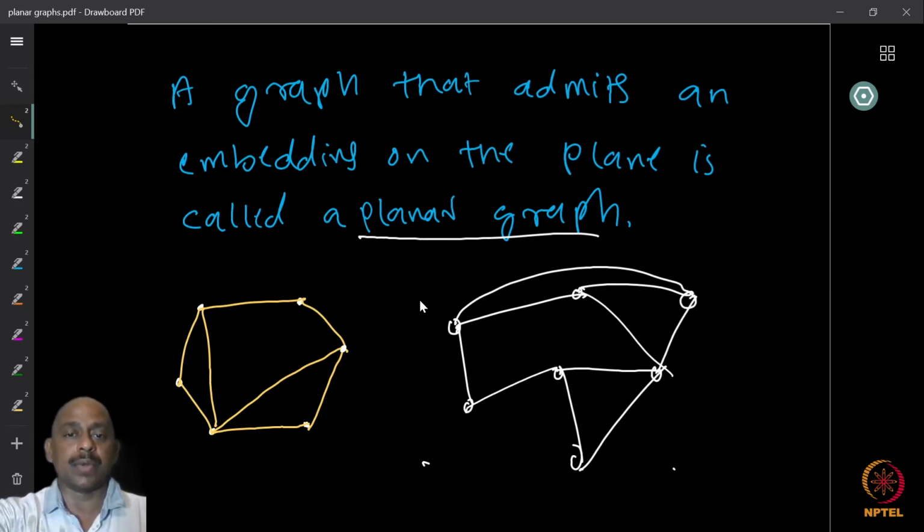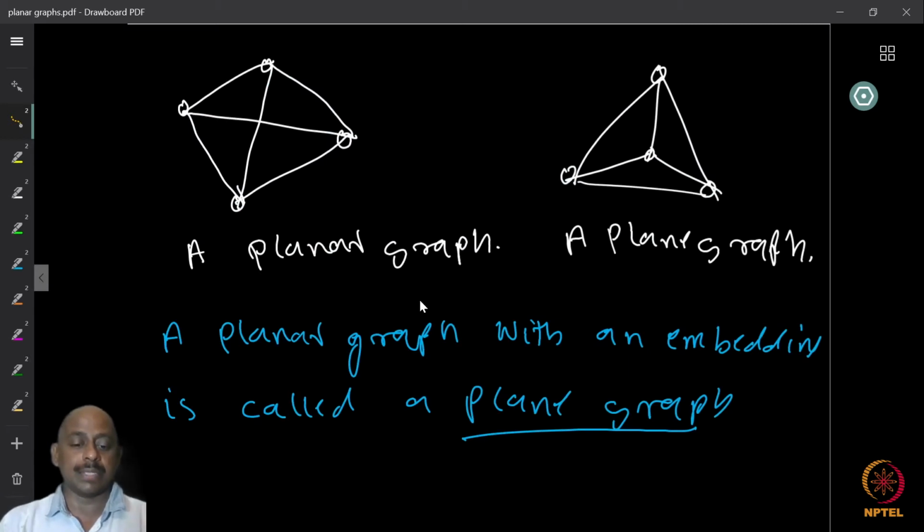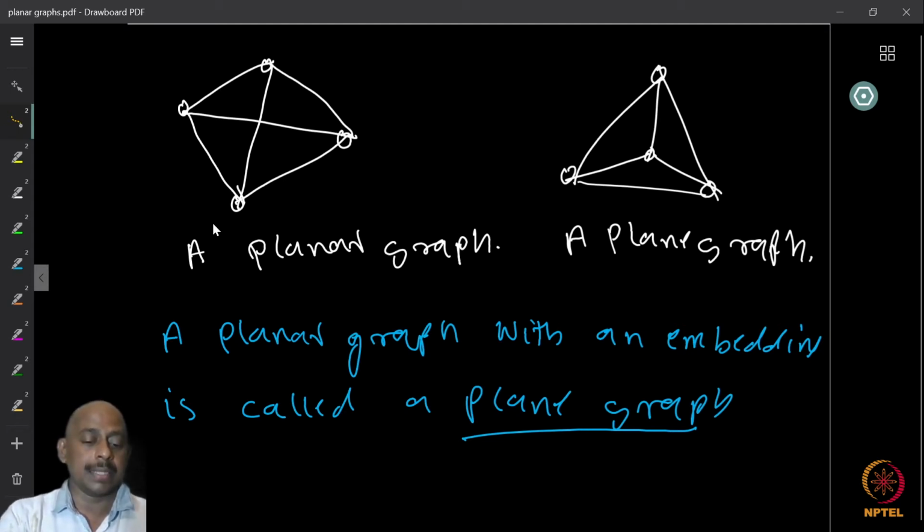To see the difference, let us look at this graph, which is a complete graph on 4 vertices. You have this first embedding, where the edges actually intersect each other. Therefore, this is not a planar embedding, but the graph is planar.